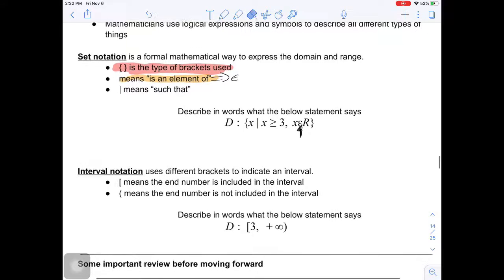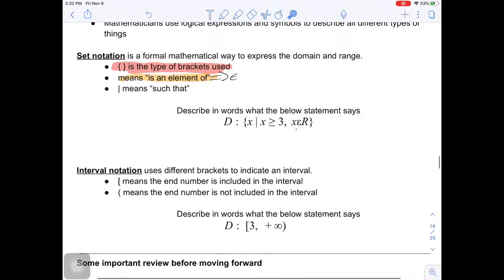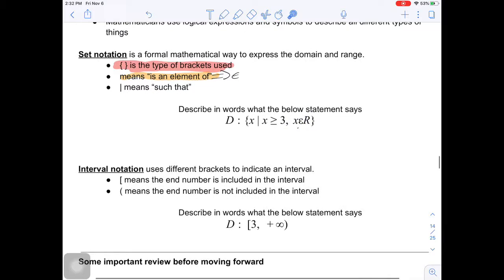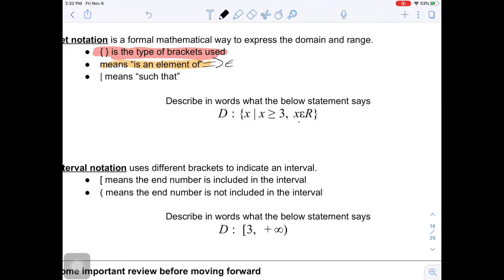Let's read this out. Something you're going to have to get used to is: the domain is this set, and this set is x such that x is greater than or equal to 3, where x is any real number, and I'll describe these symbols down below.